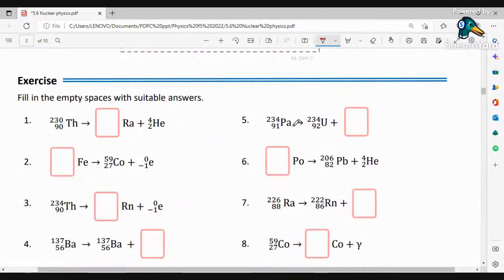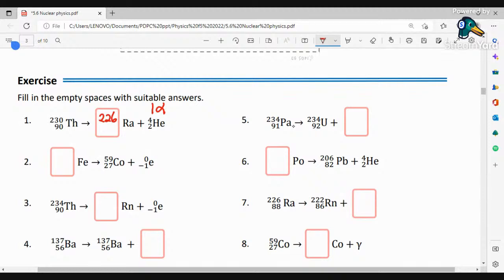Okay, let's look at exercise here. Fill in the empty spaces with suitable answers. Okay, look at the first one. Thorium 230 become radium, emit 1 alpha. Okay, so the new nuclear number here is 230 minus 4. So you have 226.